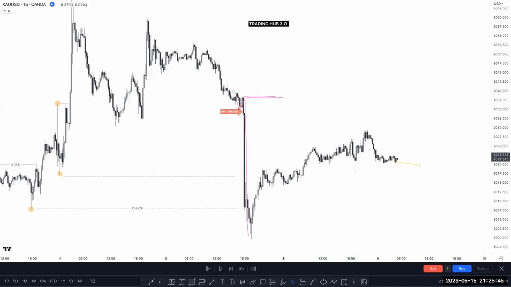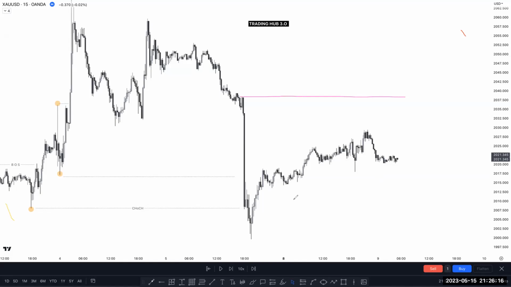So if the inducement is very far away, then you can take entry based on internal structure. Why? Because this is our internal structure. As you know, if the market is looking for this sell, then the market must take out this inducement. So the market is trying to go higher to take out this inducement, and this is our internal structure. So how can you trade internal structure? This is important for you.